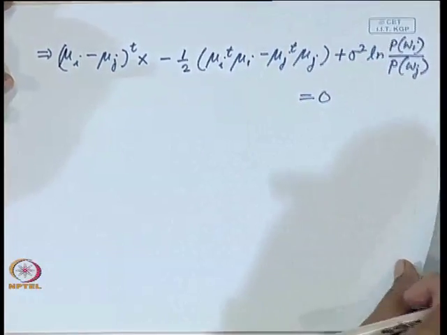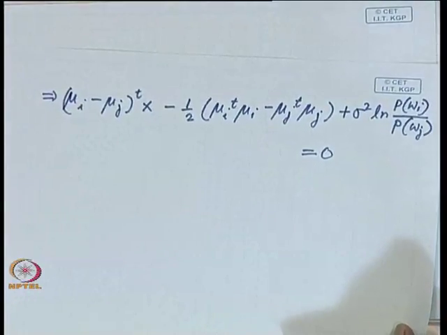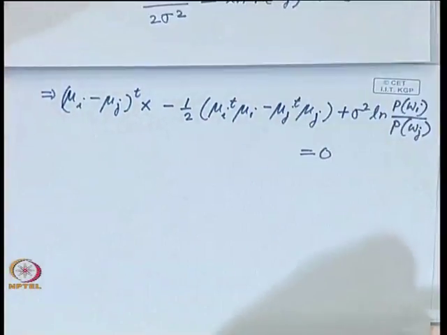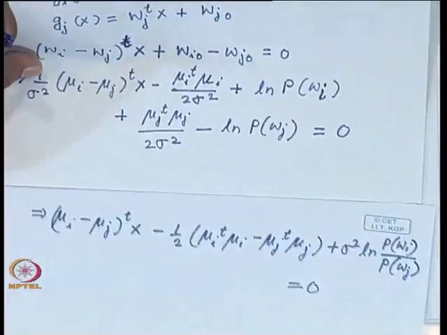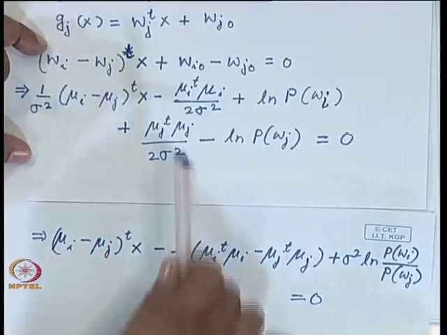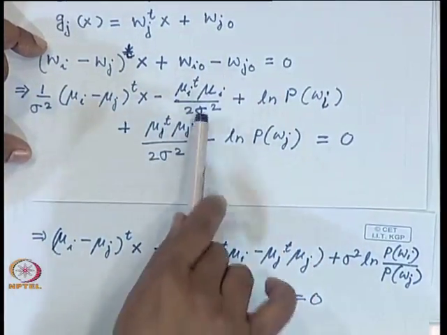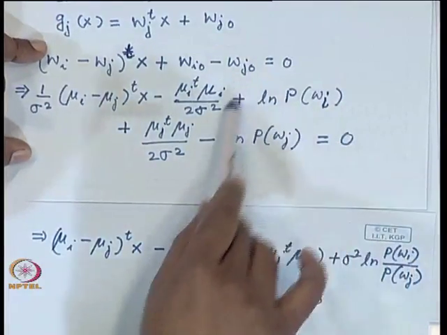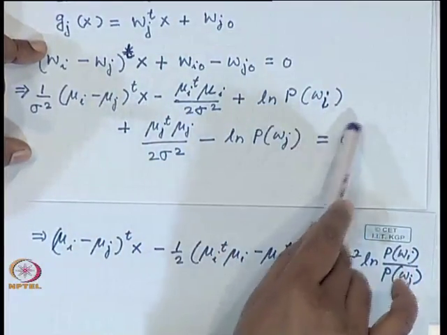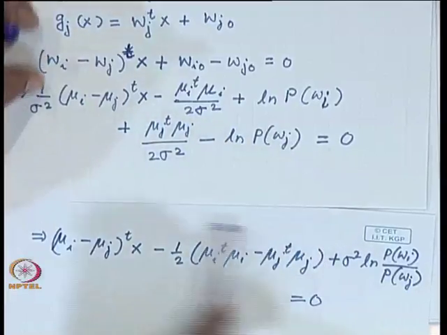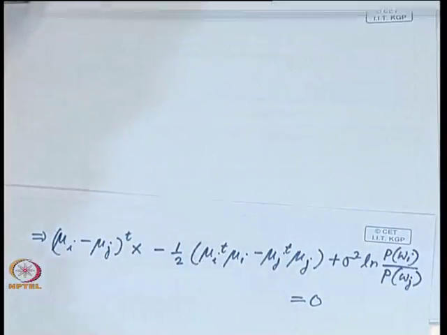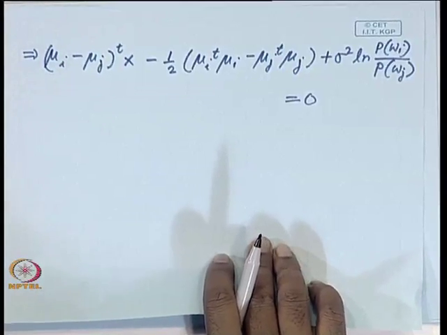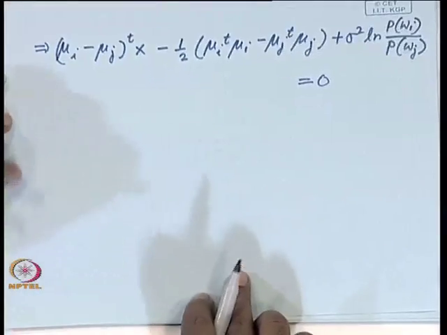It is simply the same expression where we have grouped together mu_i transpose mu_i upon 2 sigma square and mu_j transpose mu_j upon 2 sigma square, and grouped together the log of P(omega_i) and log of P(omega_j). So, I get this particular expression, and it can further be simplified.